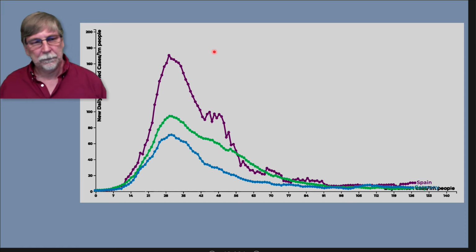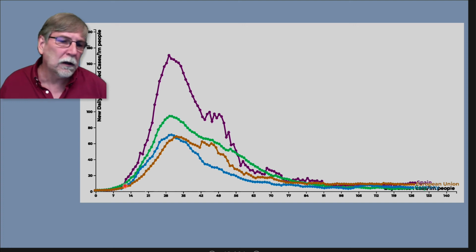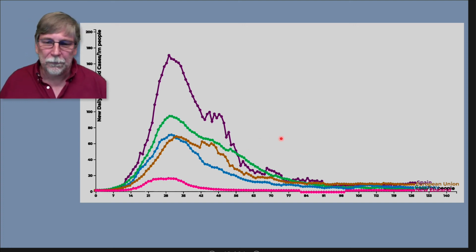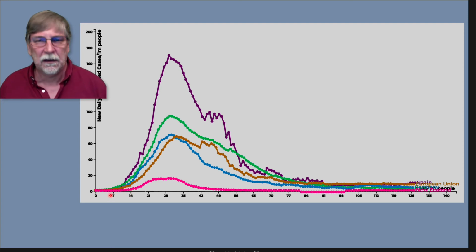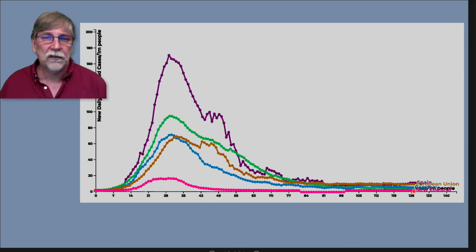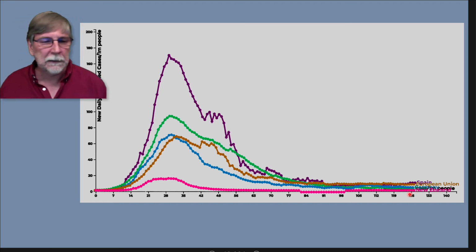Here's Germany. Same story. That's just the European Union as a whole. Same story. Boy, they're the folks who got it right. There's New Zealand. Man, they saw that there were cases or the possibility of cases. They jumped on it hard. They shut things down tight. They kept them shut down until they're at a point today where New Zealand essentially considers itself to be COVID-free.